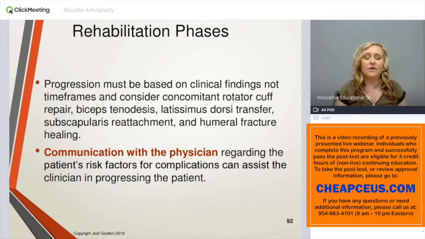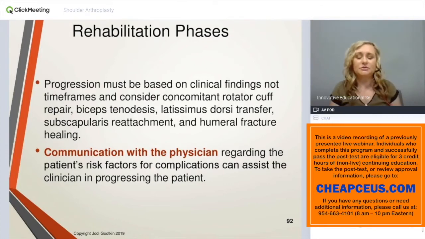Considering phases of rehabilitation, we're generally going to see that individuals follow a very specific rehab protocol that tends to be more conservative at the beginning because of the different rotator cuff repairs, tendon transfers, and concurrent fractures in other areas that need to heal.